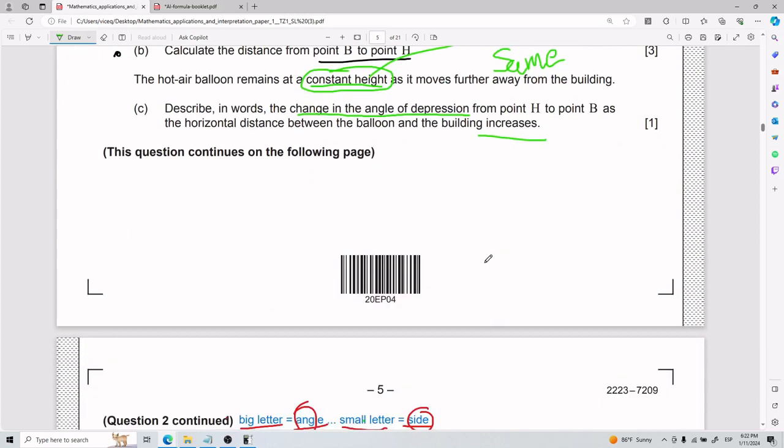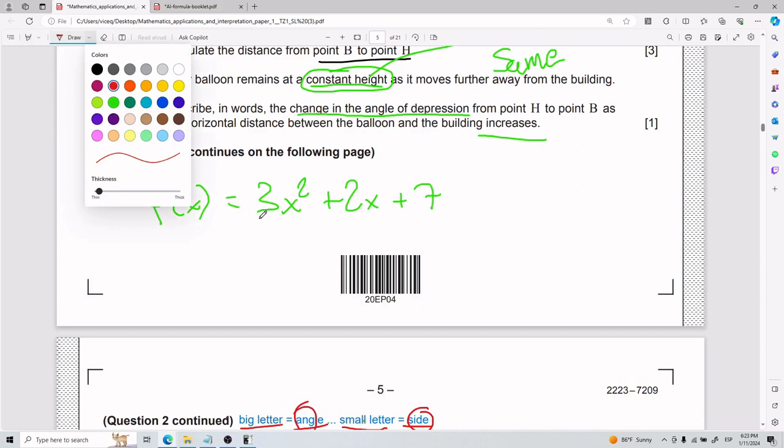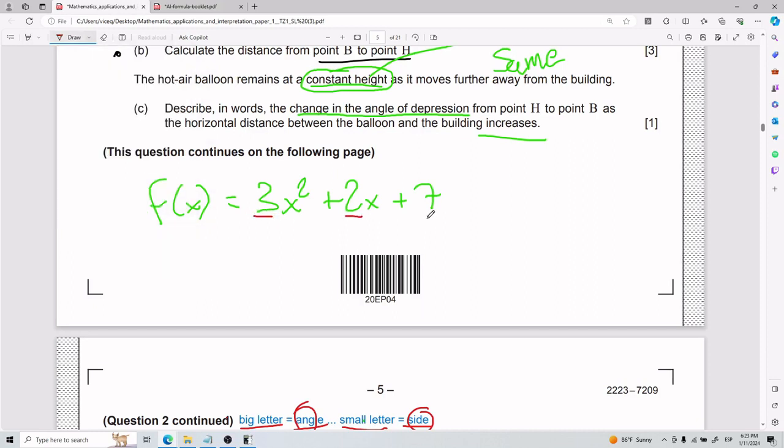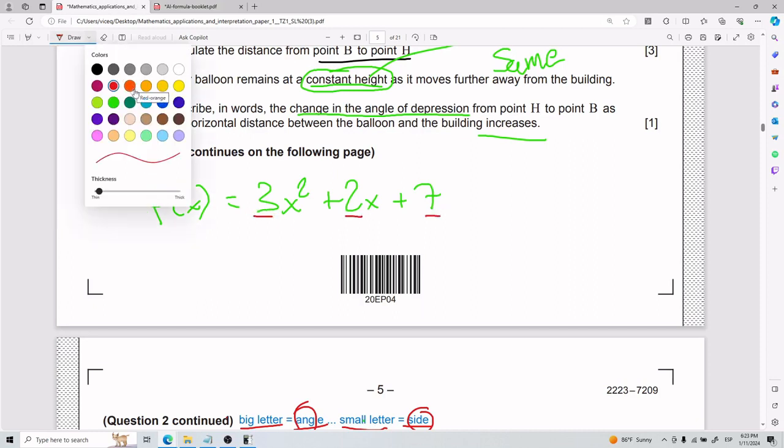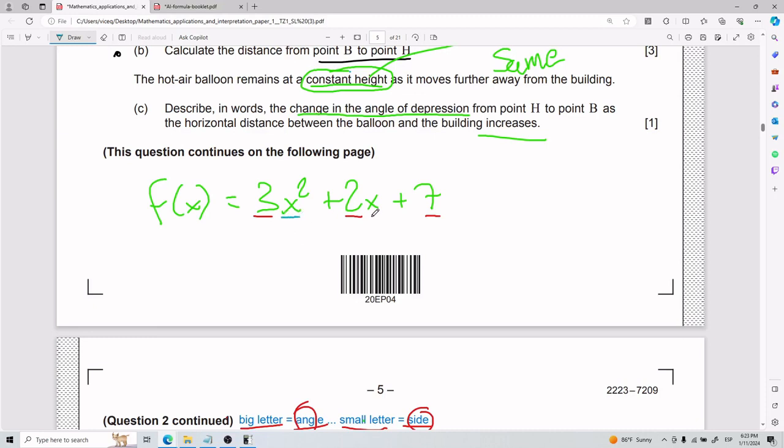That's also why in math, when they talk about a constant, let's say you have f of x equals 3x squared plus 2x plus 7, your constants are 3, 2, and 7. What can change in this equation is the x. X can be pretty much anything here, but your constants are in red.